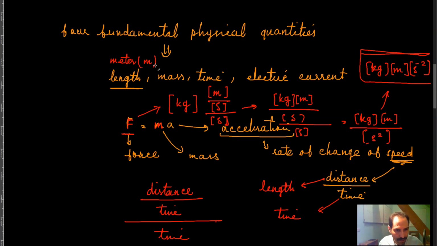The most updated definition of the unit for length is based on the unit time, meaning that we say that 1 meter is the distance that light travels in a vacuum in a time interval of 1 divided by approximately 300 million seconds.